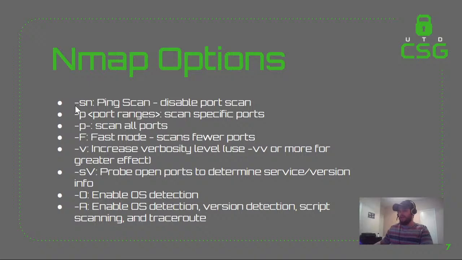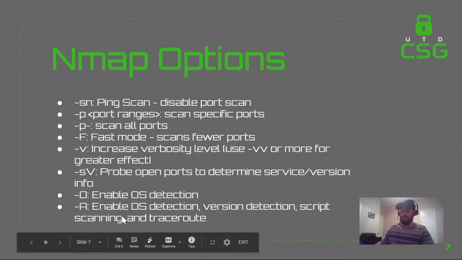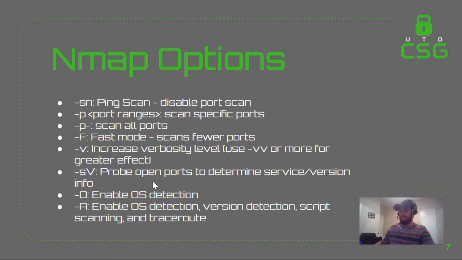-sn is a ping scan that disables port scanning. -p and a port range lets you scan specific ports, and -p- scans all ports. -F is fast mode. -v increases the verbosity. -sV is one we're really concerned with because that determines the service version, and knowing the service version is how you can further find the exploit. -O is operating system detection, and -A, we like -A. -A encompasses -O and -sV and a couple others.